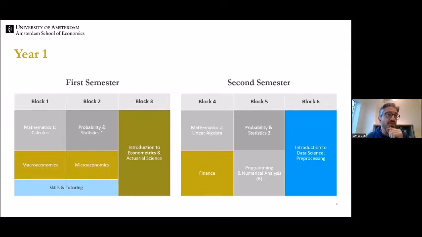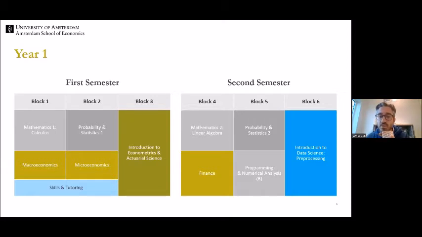And you can see in the first semester, we immediately start with mathematics 1 and probability and statistics 1. And parallel to those, you also take your economics courses, macroeconomics and microeconomics. And in block 3, the short block, you take an introductory course in econometrics and actuarial science. The second semester, we continue with the mathematics and probability and statistics sequence.